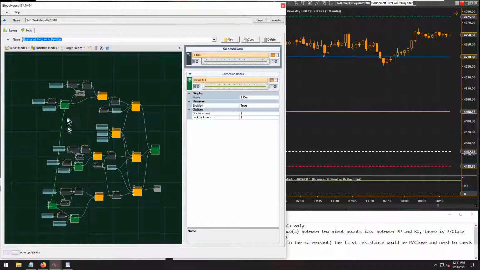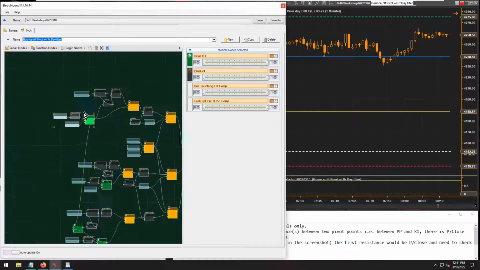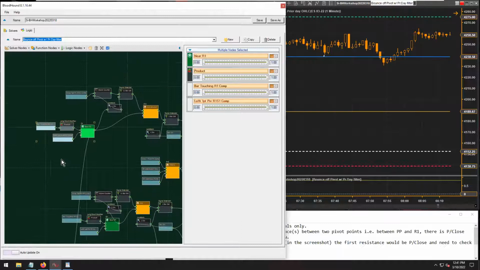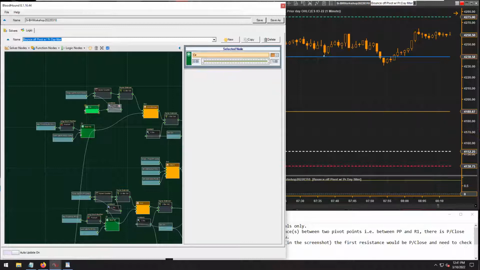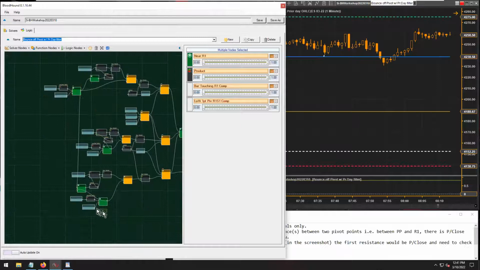So what I'll do is, let's see here, I need another OR node up here. Connect that in. I have to move that back a little bit.